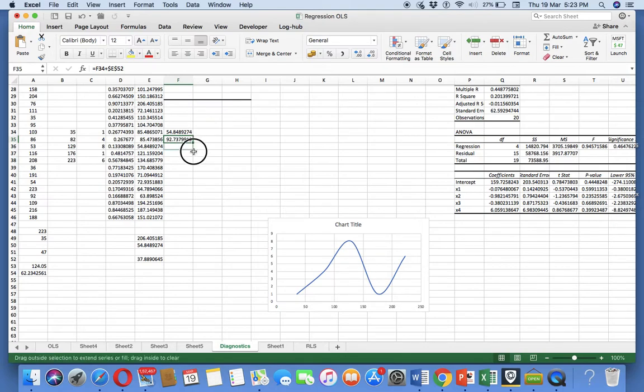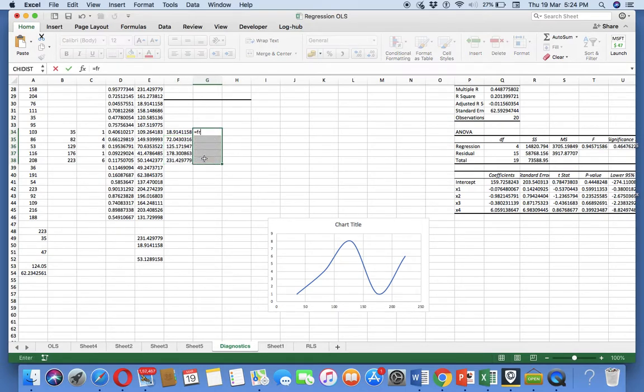I will drag. One more. 231 is the maximum value, and now I'm going to create a frequency distribution equal to frequency. I'll open a bracket.